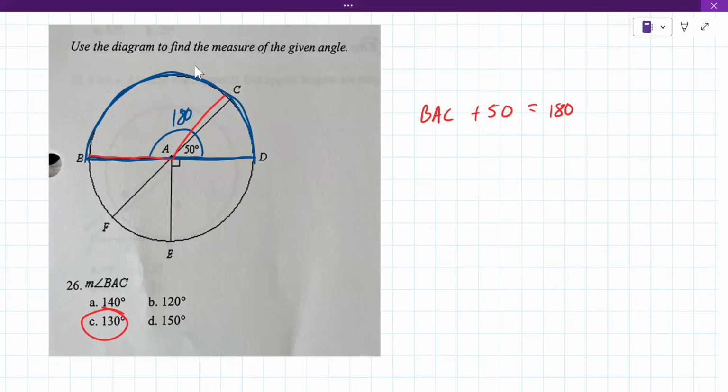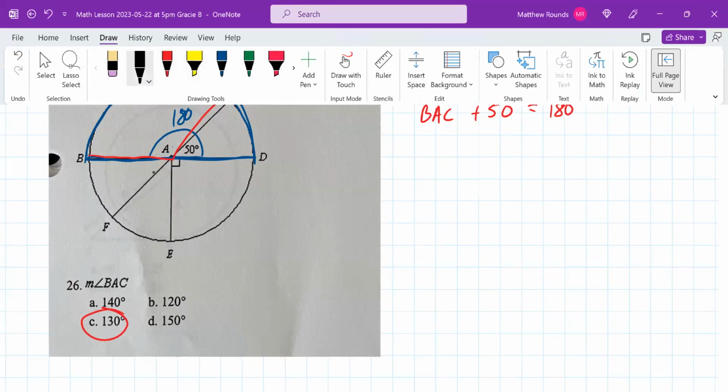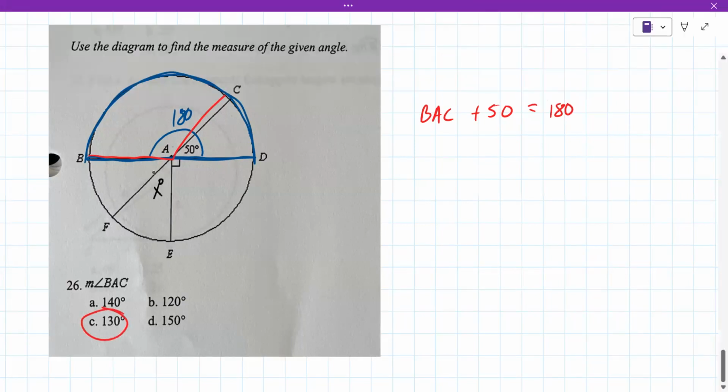Now, could you tell me angle X, please? 45. Try again. There's another diameter that could be really useful to use to find that. I think you're thinking like these are equal, and they might be, but we really don't have any way to know.